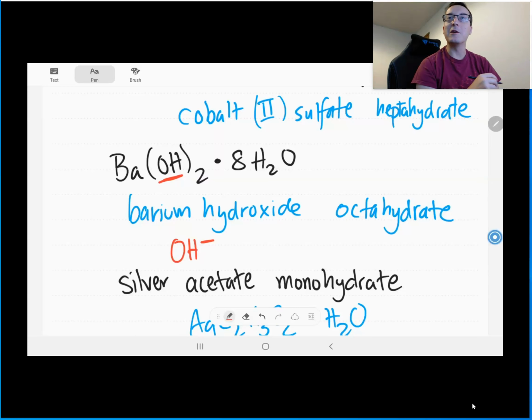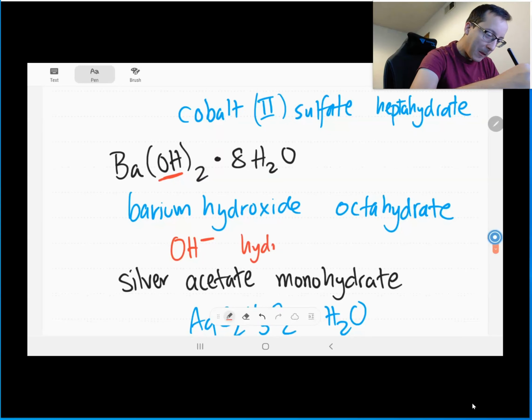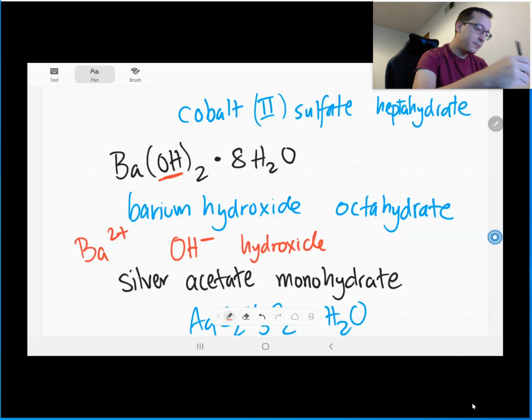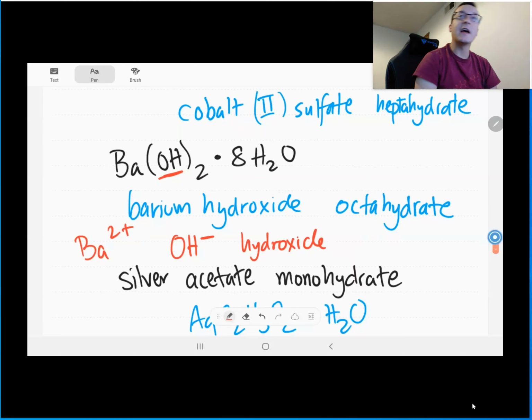So we don't write 1 minus for hydroxide, we just write minus. So, Josh, this is why it's hydroxide, because the anion here is the hydroxide anion. So that's one of the polyatomic ions from our chart.